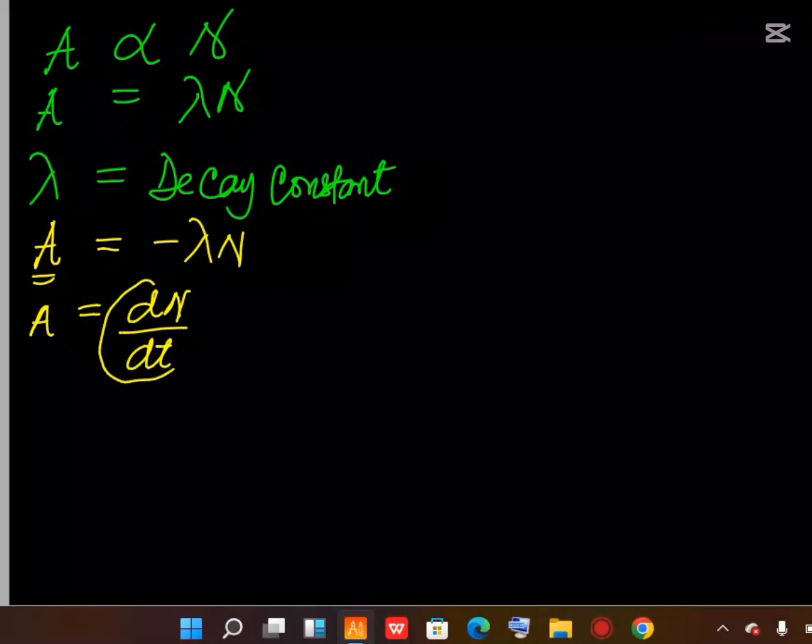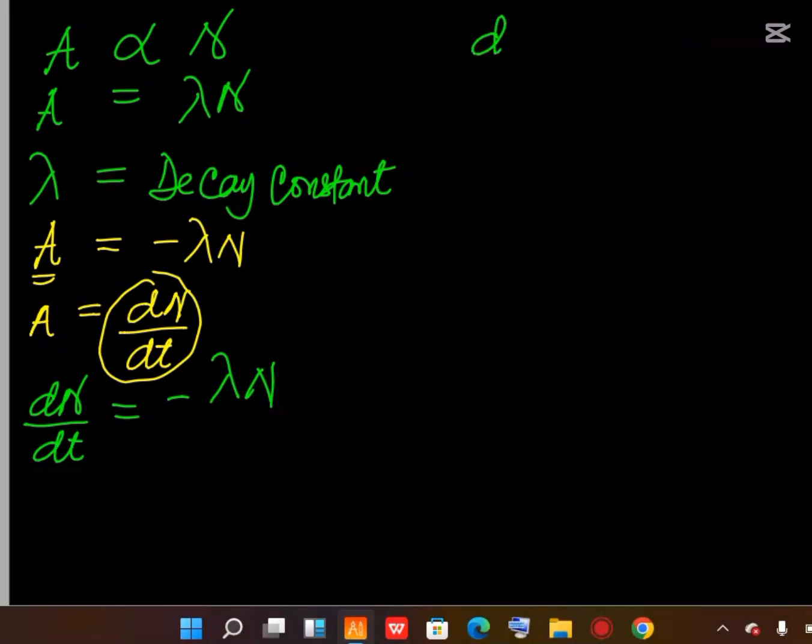So putting this in place, we have that dN over dt is equal to negative lambda N. So we can write this as dN, letting the dt come to the other side, dN is equal to negative lambda N multiplied by dt.